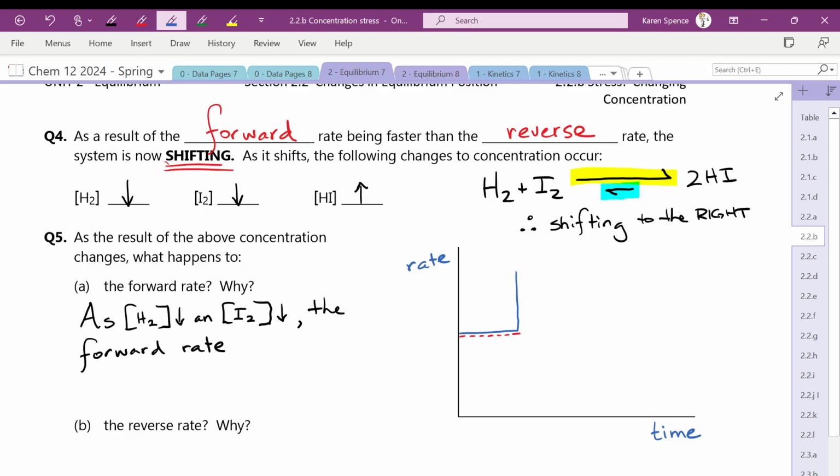Does the forward rate increase, decrease, or stay the same? Increase, decrease, or stay the same? 5, 4, 3, 2, vote.